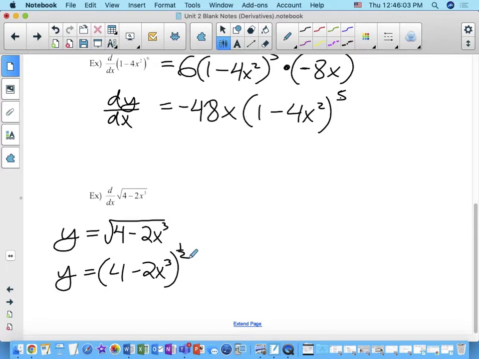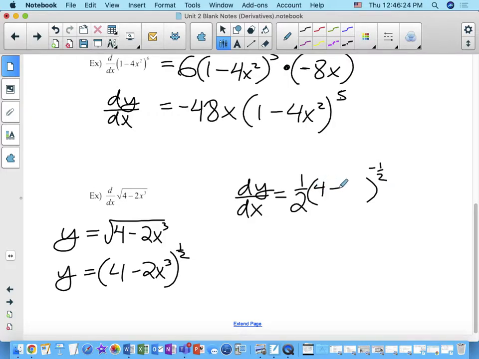Okay, so dy by dx, we have to differentiate the outer function first. So that will be 1/2 times bracket to the negative 1/2. But instead of just putting an x in there, we're going to put the inner function inside, because it's f prime of g of x.